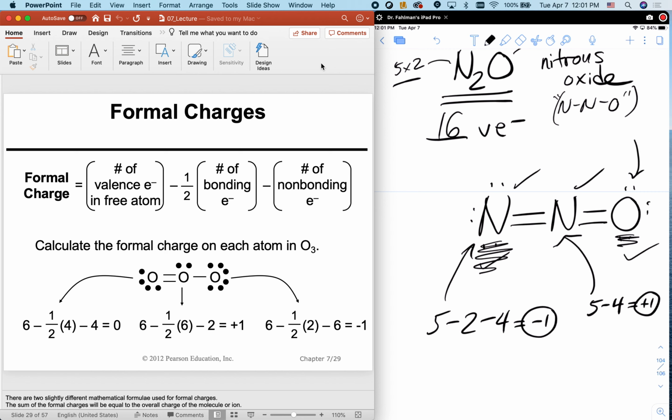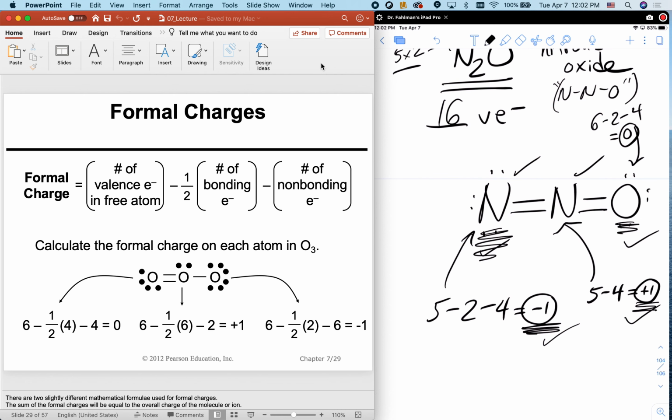And then that oxygen is 6 minus 2 bonds and 4 dots. So that's a 0. Okay, and so again, our rule says that at maximum you can have either a plus or minus 1 as formal charges. So that's cool. Okay, so this would be a good possibility. Okay, so this would be the best Lewis structure.